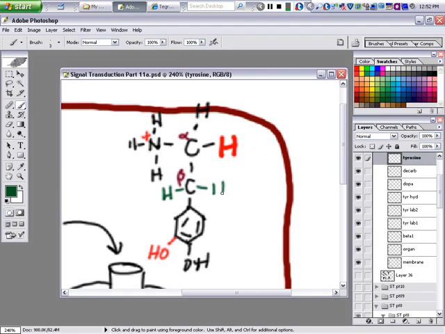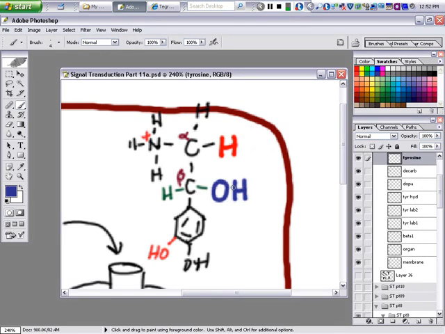This is dopamine, redrawn. To make norepinephrine, all we need to do is remove the H here and put an OH. And now this compound is norepinephrine.